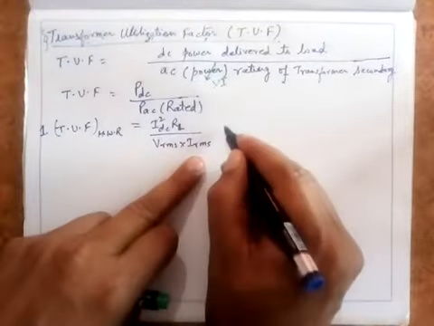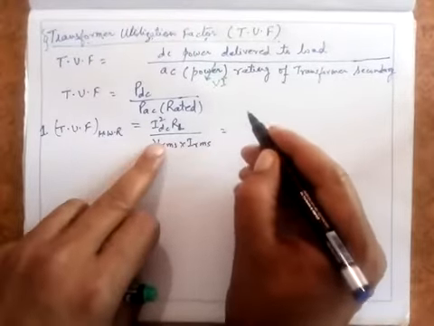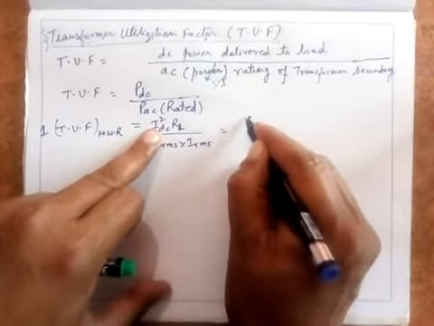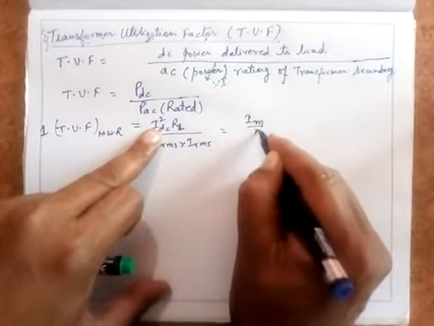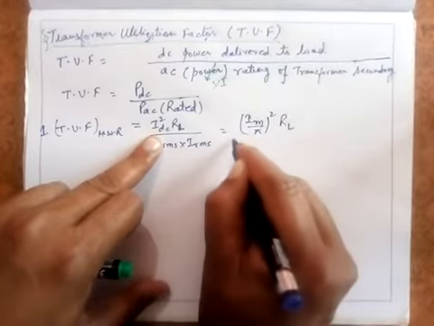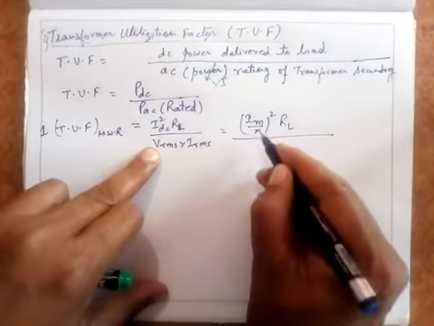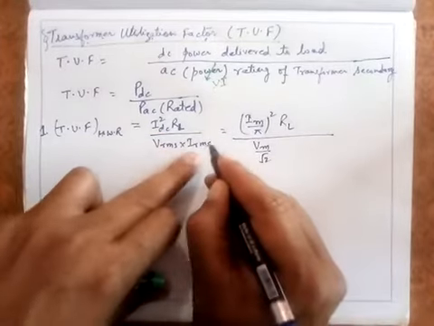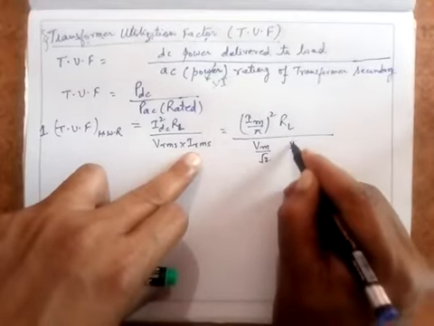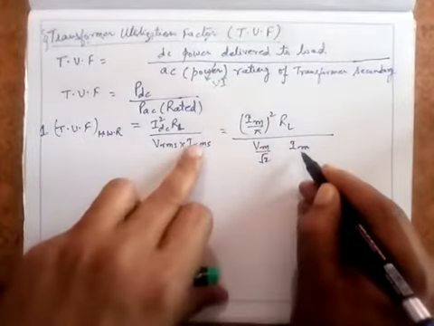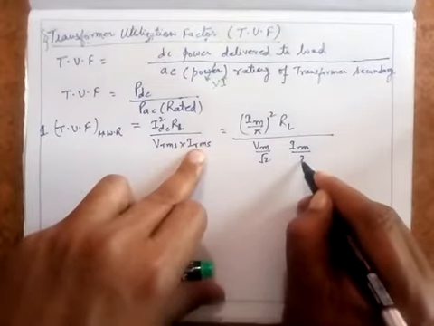So for a half wave rectifier, I know that IDC is equal to Im by pi. This factor is Im by pi whole square into RL upon VRMS, of course Vm upon root 2 for an AC, and IRMS is the output of a half wave rectifier. Output current is DC and the RMS value of that is Im by 2.